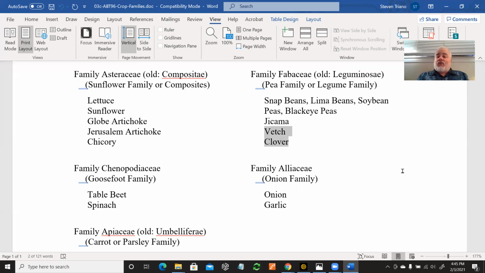Not only are they a good food source, but they have a relationship with special nitrogen fixing bacteria in their roots.